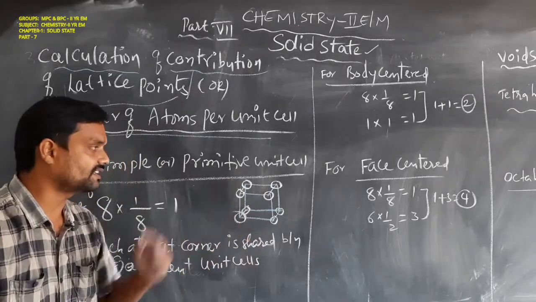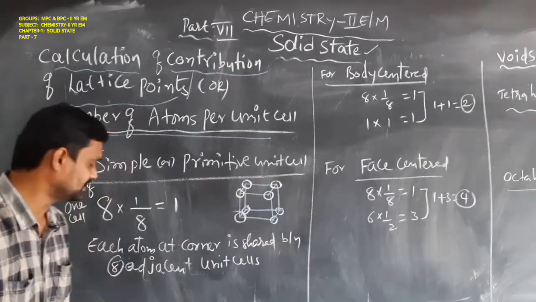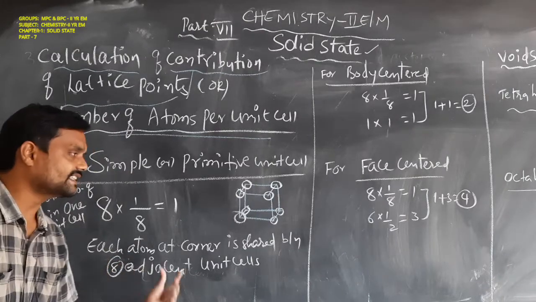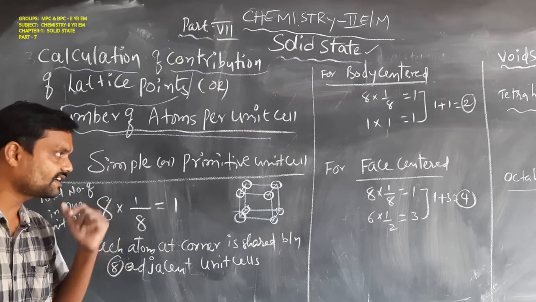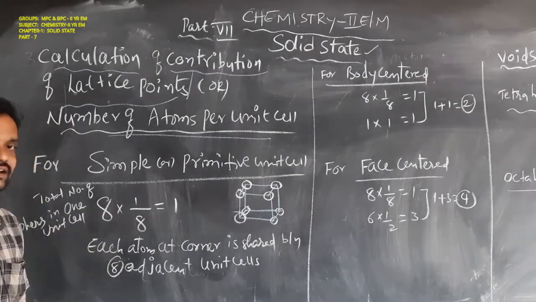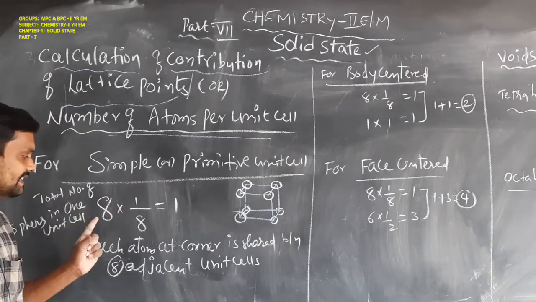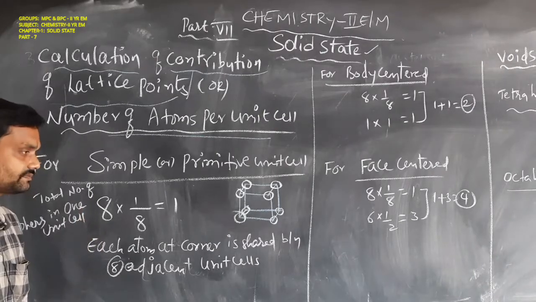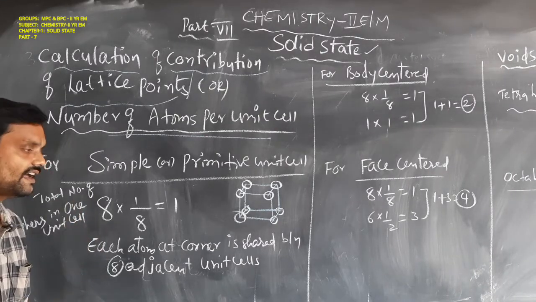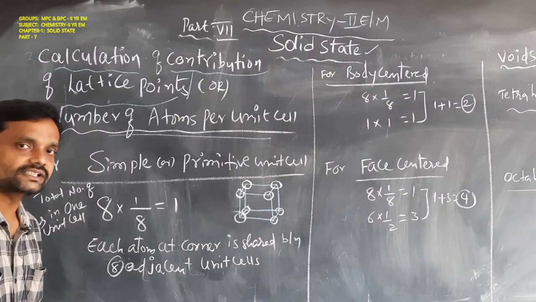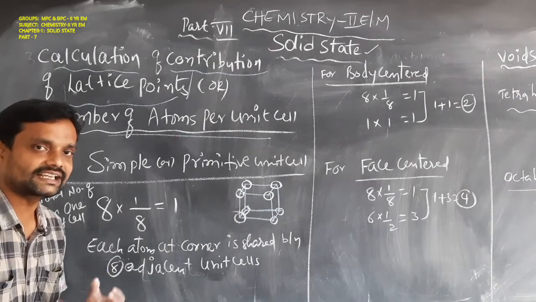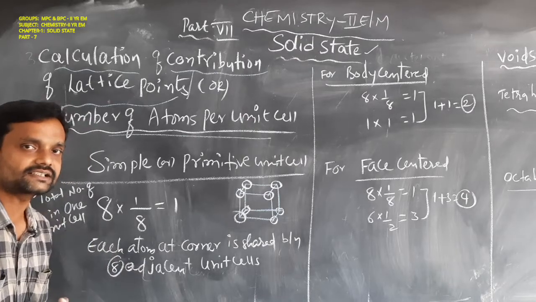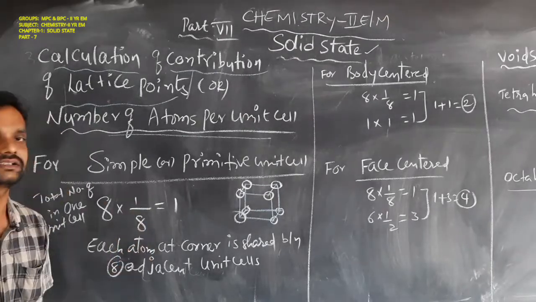Each corner atom is shared between 8 adjacent unit cells. How many corner atoms are present? 8 corner atoms, and each corner atom is shared between the 8 adjacent unit cells. So how much part belongs to each unit cell? 1 by 8.